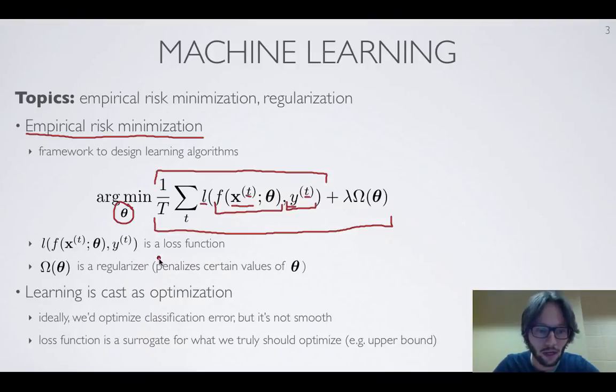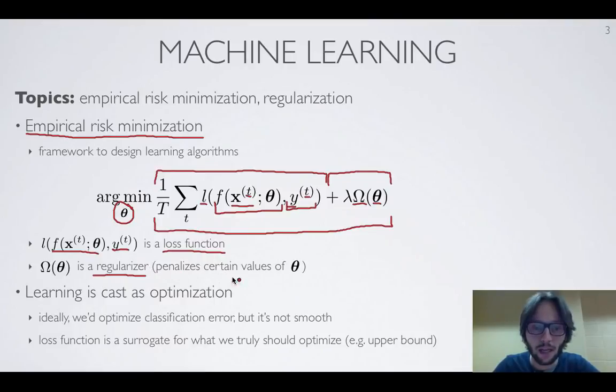L is what is known as a loss function, and it compares the output with the label. And I'm also going to add a term, omega of theta, which is known as a regularizer.